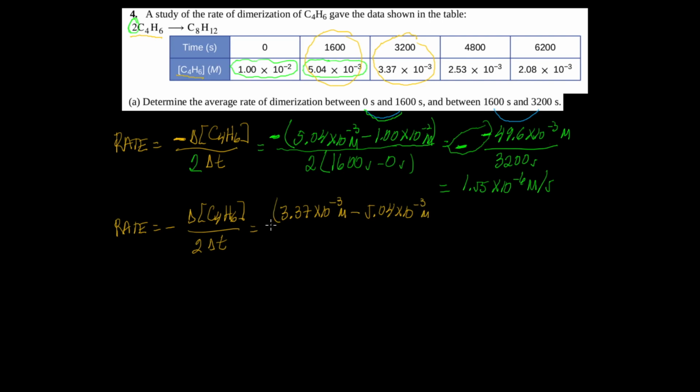And divide that by twice the time. So again, it's 3200 seconds is the final time, minus 1600 seconds is the initial time. And so let's punch this in on a calculator.